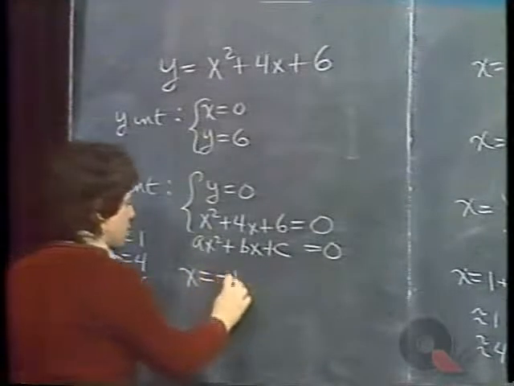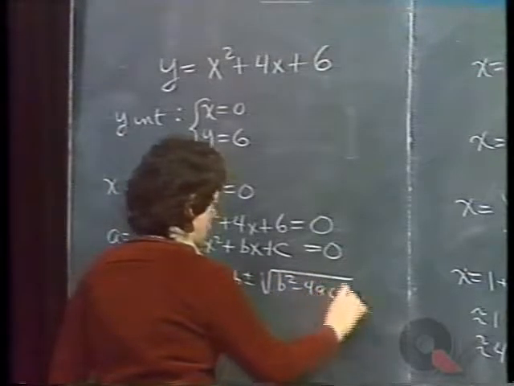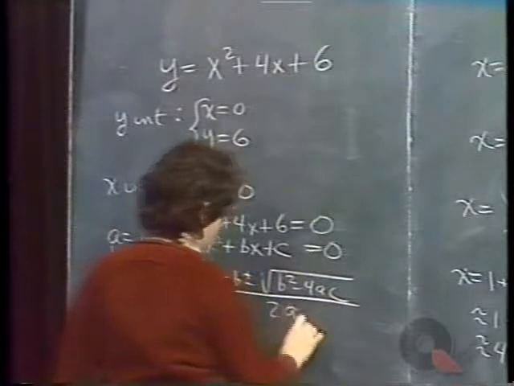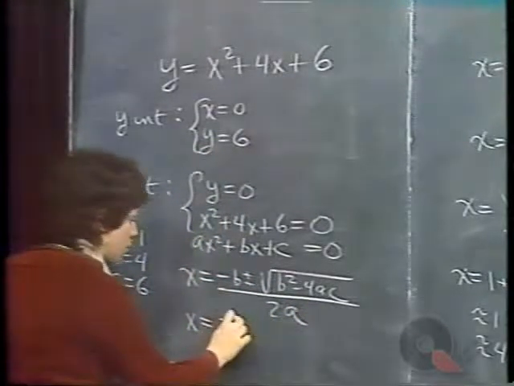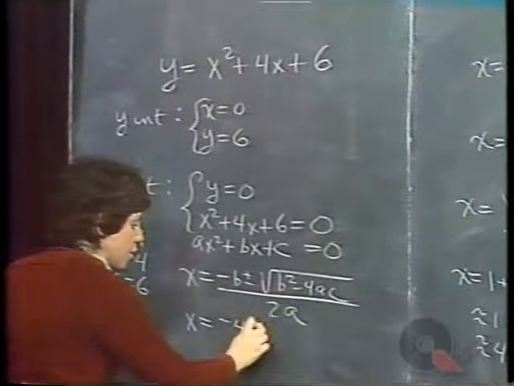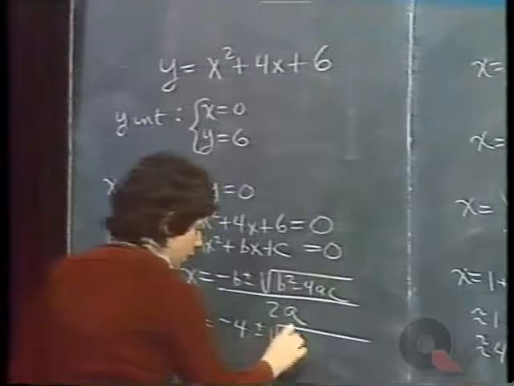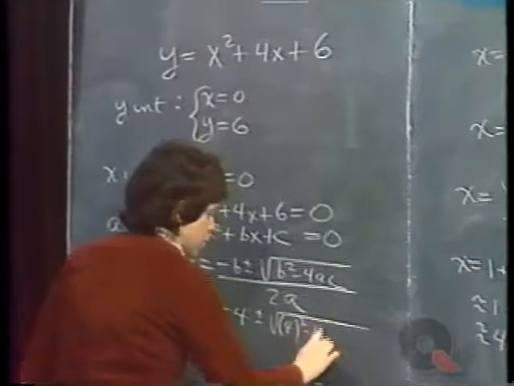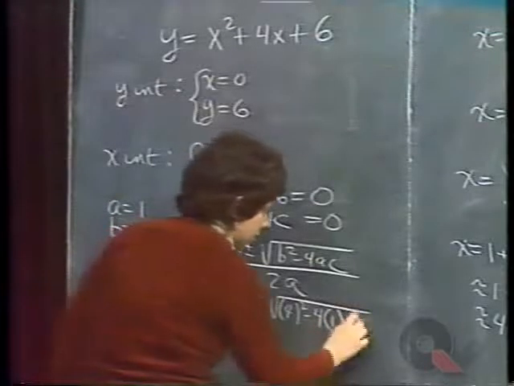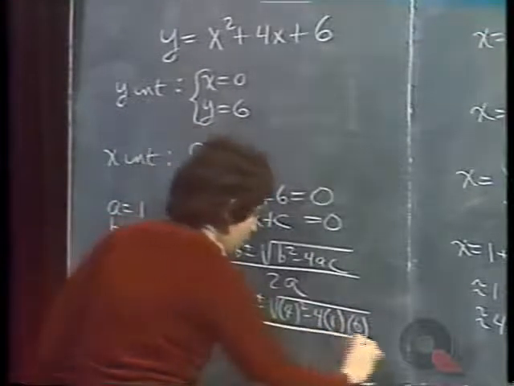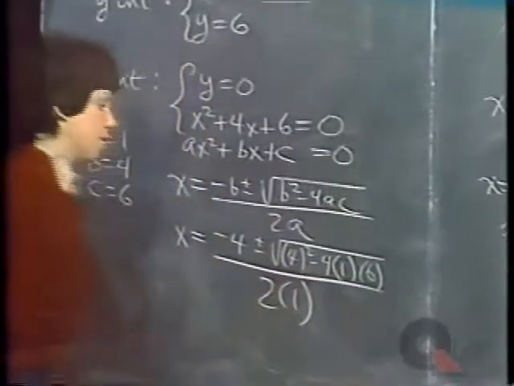x is equal to minus b plus or minus the square root of b squared minus 4ac over 2a. We get, by substitution, minus 4 plus or minus the square root of b squared, that's 4 squared, minus 4 times a, which is 1, times c, which is 6, all over 2 times a, 2 times 1.